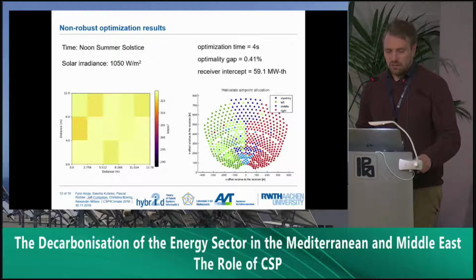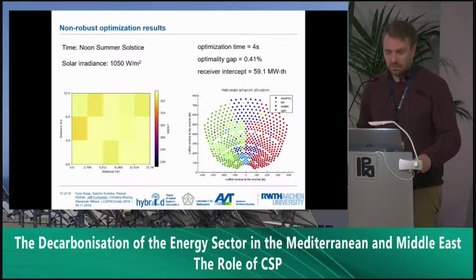Now what we have here on the bottom left-hand side is a representation of our receiver, and I apologize because I think the dimensions here are a bit different to what was in the first slide. But these are the dimensions that we used, and as you can see, the distribution on the receiver is fairly uniform, as you'd expect.